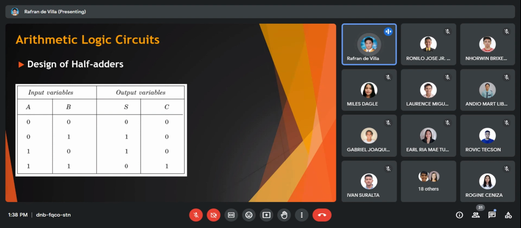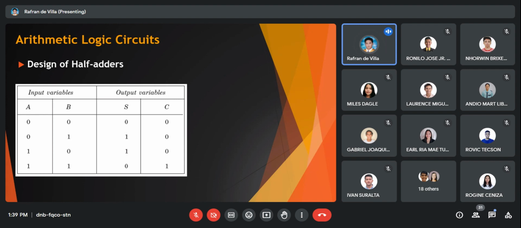In the screen in front of you, you can see two inputs, with outputs which could either be the sum or the carry. This type of design is based on what you call a half-adder circuit. It is capable of adding 2-bit numbers.